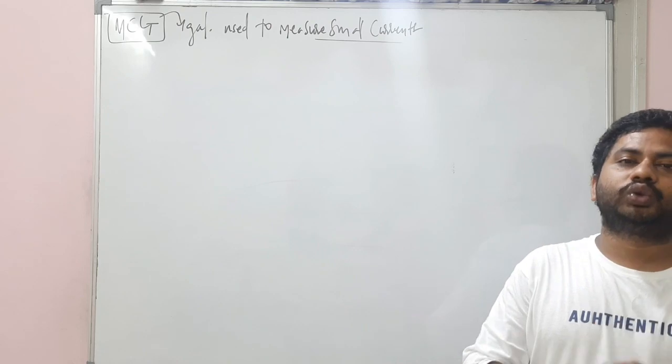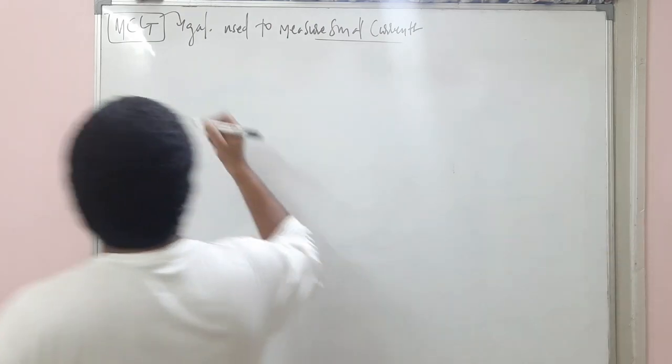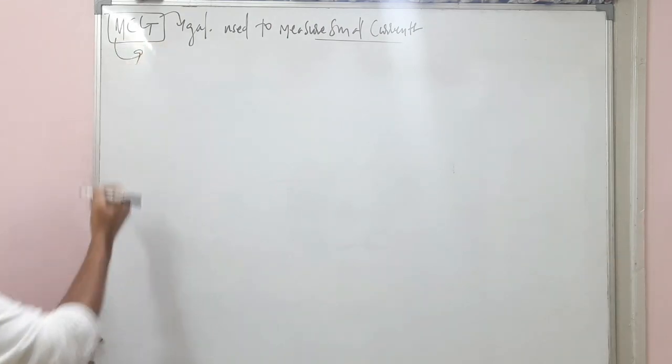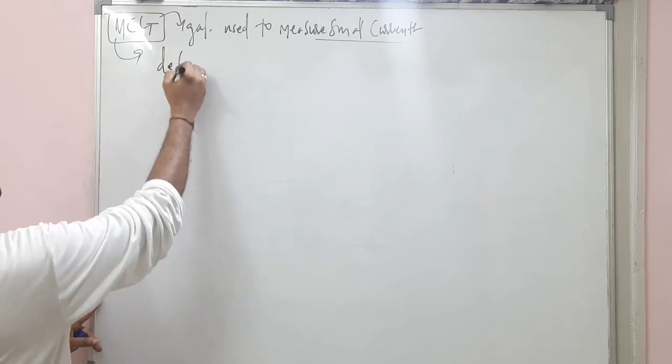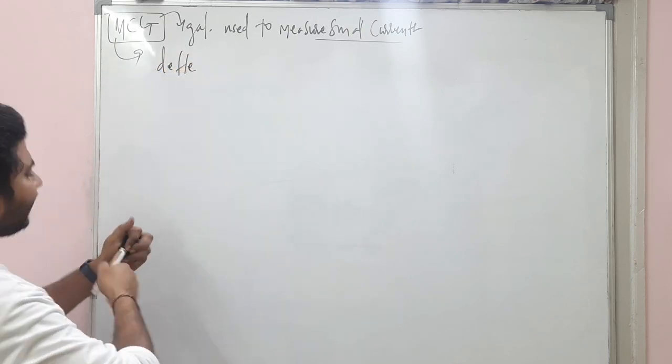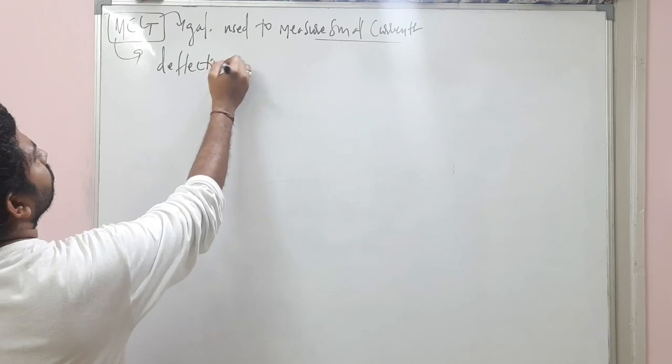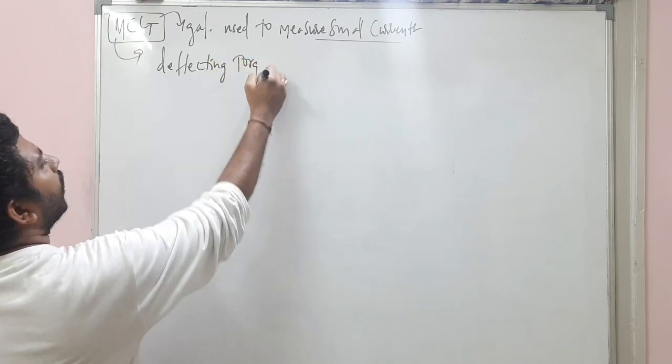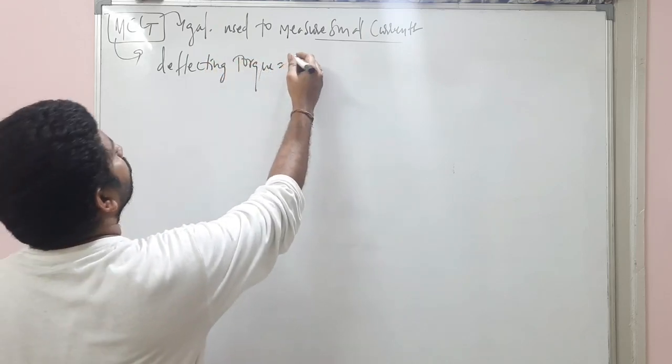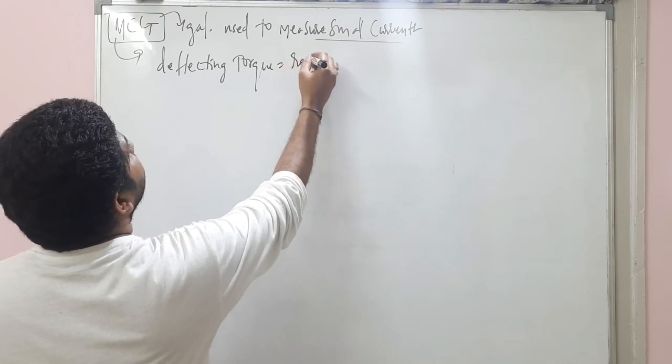You can go through that. Now, in this moving coil galvanometer, there is a phenomenon called deflecting torque. Deflecting torque is exactly equal to restoring torque.